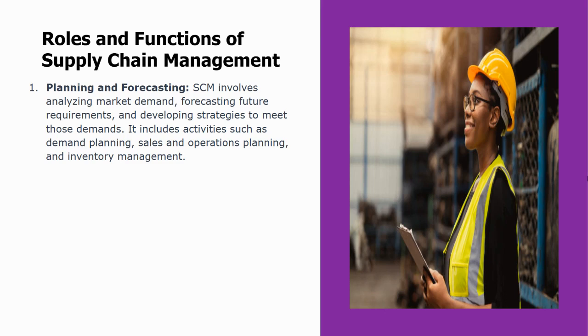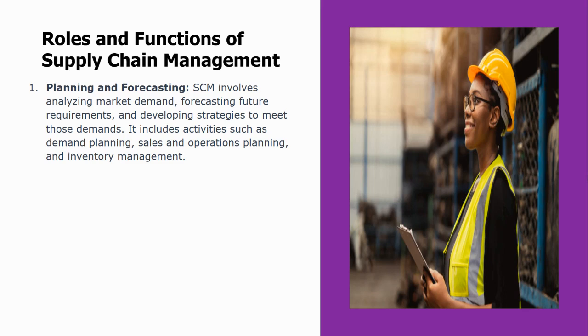We need to analyze the market demand to inform us about the demand of a particular product or service. This will ensure that we understand customers' needs, and also forecast or project the future requirements for that particular product. If we need to improve on that product, if we need to increase the production rate, or whatever we need to do, we also need to develop strategies to meet the demands of that particular product.